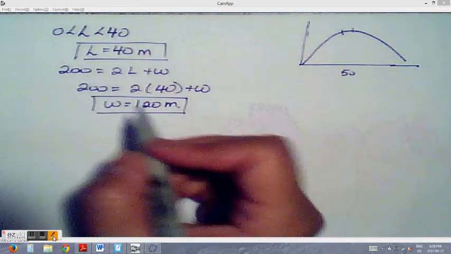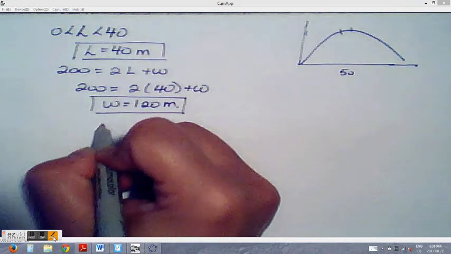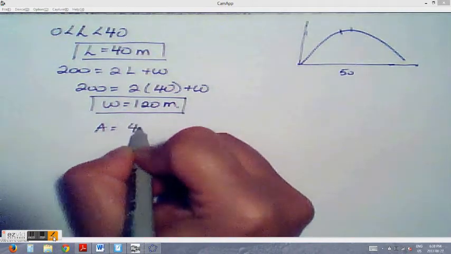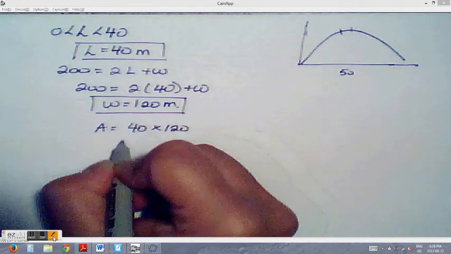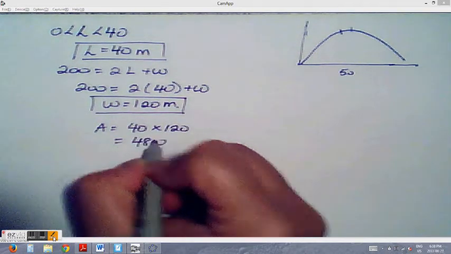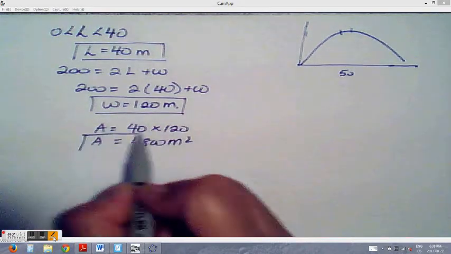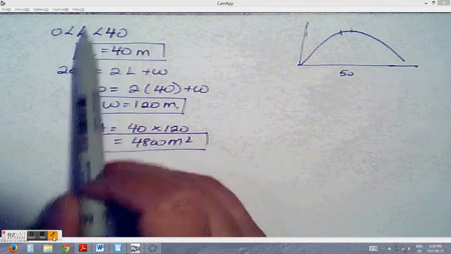So to find the area, we're just going to say 40 times 120, which is equal to 4,800 meters squared.